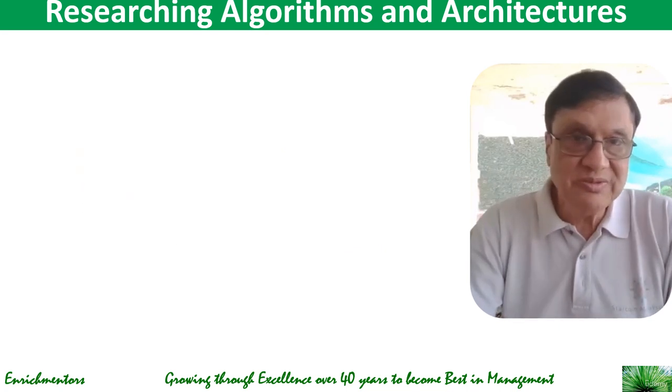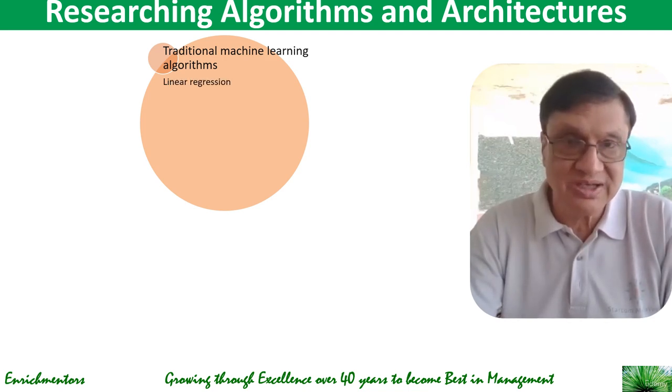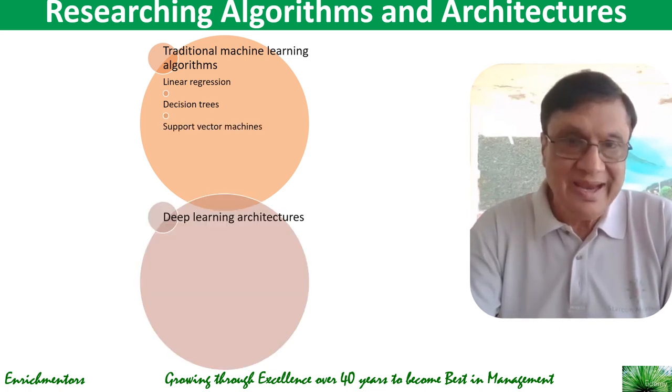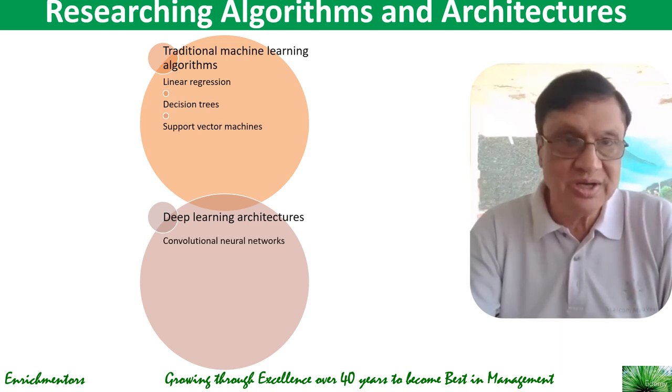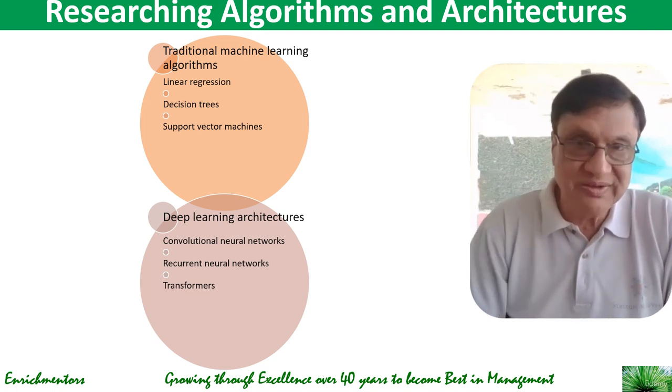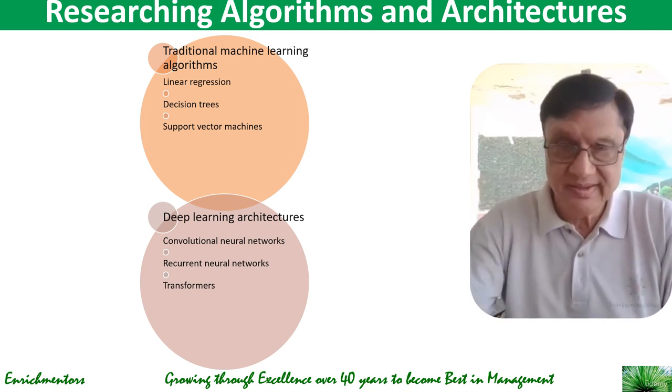Then you consider both traditional machine learning algorithms, the conventional ones like linear regression, decision trees, and support vector machines, and deep learning architectures like CNN, convolutional neural networks, recurrent neural networks, and transformers. We will talk about all these as we go forward in the future.